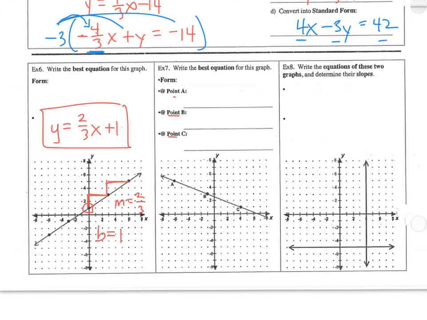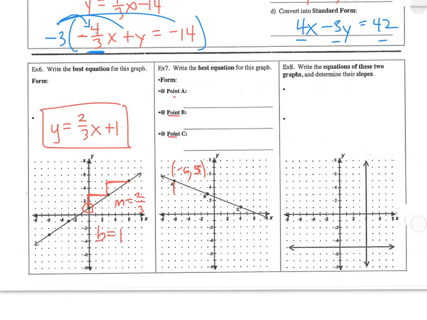We practiced this yesterday when I had the girls write an equation using one point and the boys using another point. So first thing is make sure that we understand that A is the point -6, 5. Okay? All right, next, make sure you understand the slope.